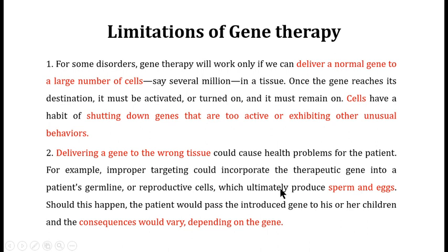Sperm and eggs are the cells which transfer genetic information from one generation to another, and you are not sure what consequences the insertion of the gene into the sperm and the egg will have. This makes gene therapy a very risky therapy for the treatment of genetic disorders.